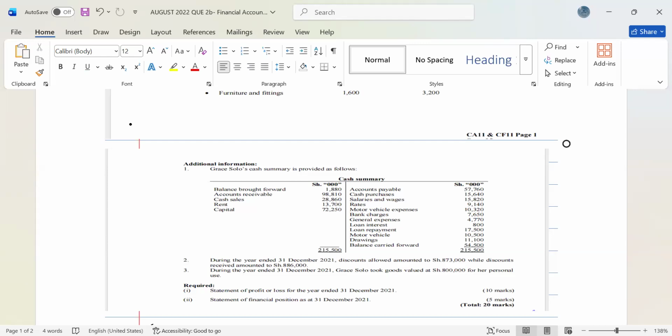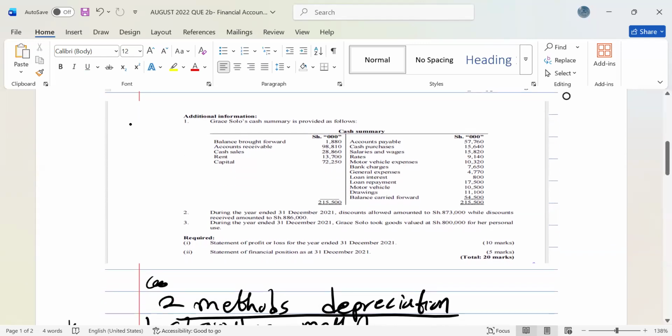Now, note number 2, that during the year ended 31st December 2021, discounts allowed amounted to 873,000, while discount received amounted to 886,000.